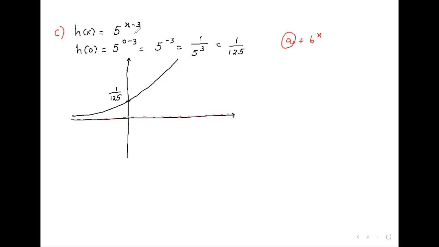That's how easy this sketch is. So maybe in general, what we pick from this one is, one, just remind you to find the y-intercept, substitute x is equal to 0 in the function given.